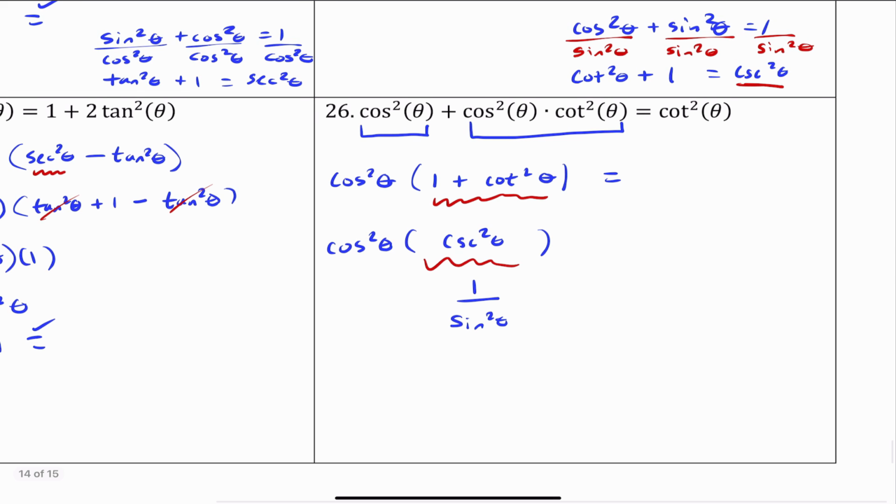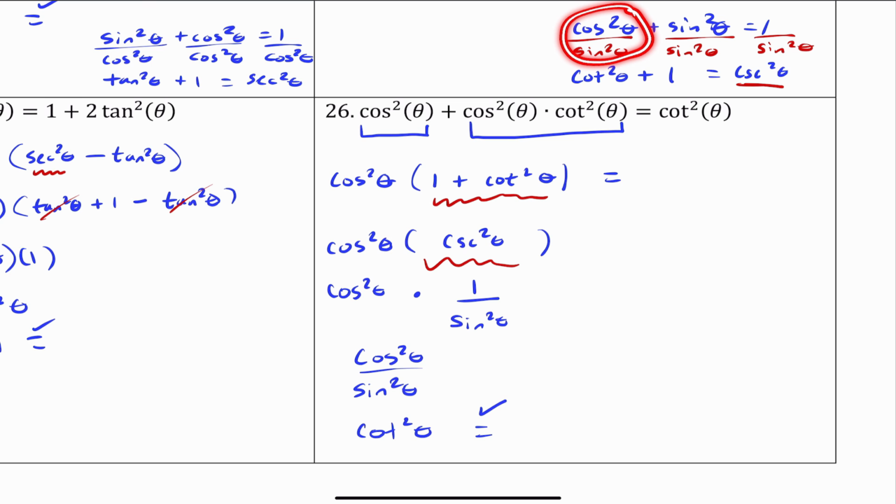And I'm going to be multiplying that by cosine squared of theta. So if I multiply these two, I get cosine squared of theta over sine squared of theta, which we all know is cotangent squared of theta. We said that cosine squared of theta over sine squared of theta is cotangent squared of theta, which is exactly what we want as it appears on the right-hand side.